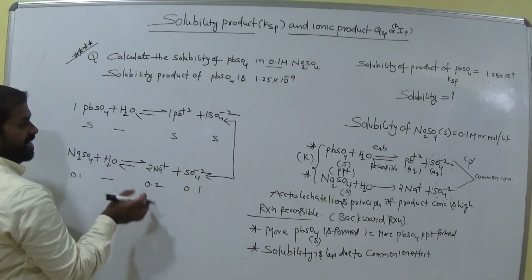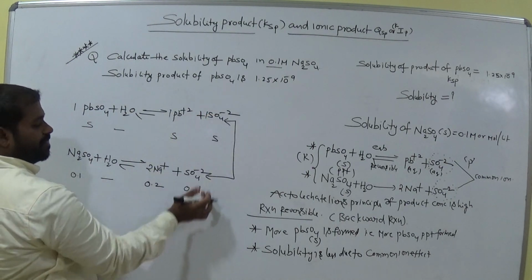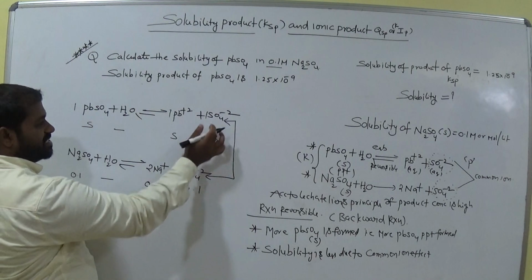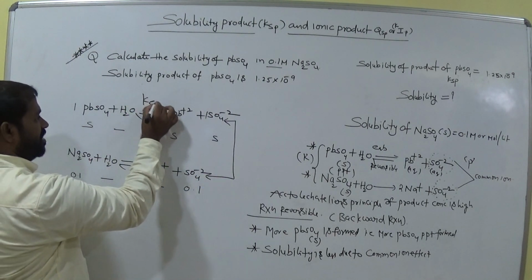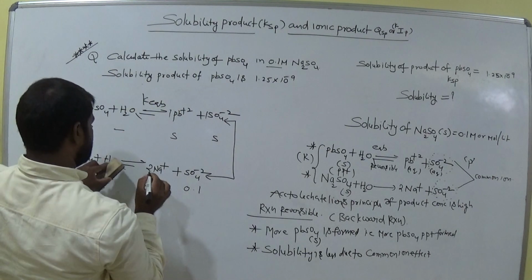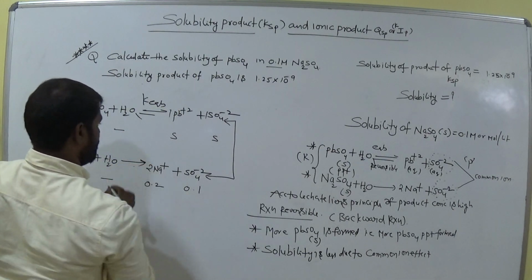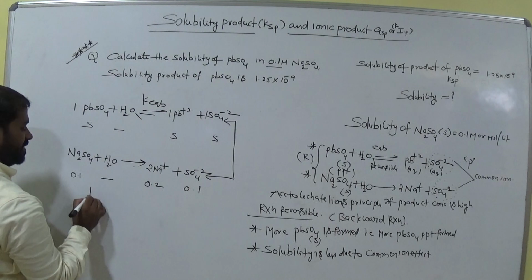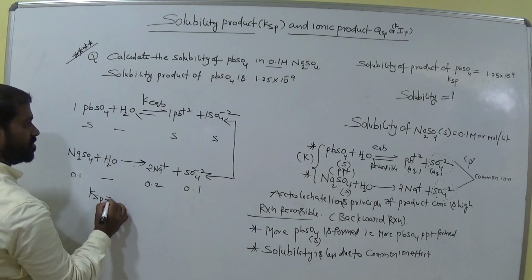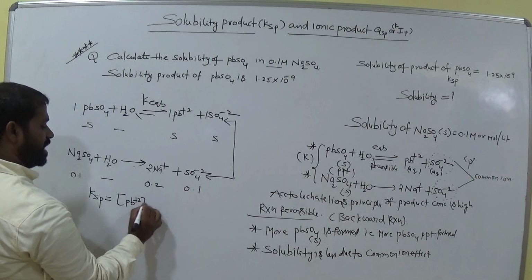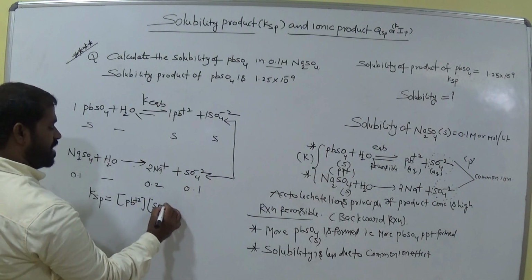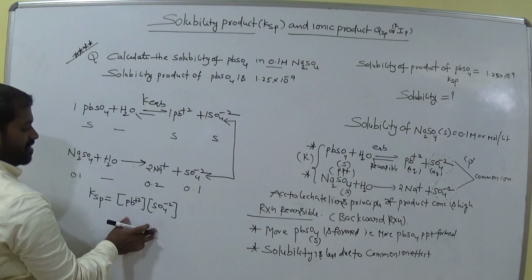Now at equilibrium, what is the total solubility of SO4 2-? That means here we have K equilibrium, am I right? It is a single arrow. Okay, it is reversible. That means the solubility product Ksp equals what is the formula? Pb2+ and SO4 2-, am I right? You know very well the K expression.